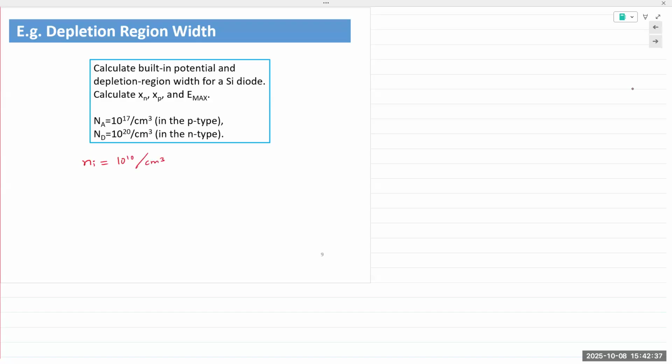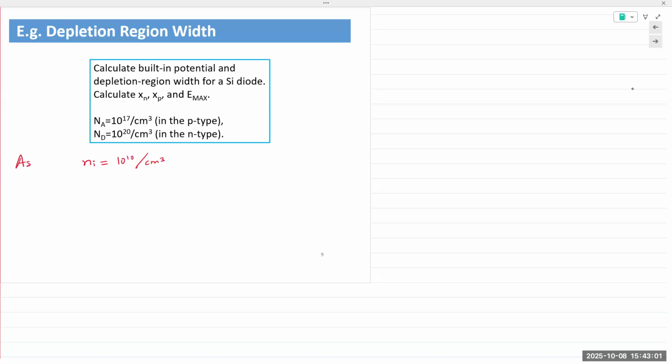Because at this point, intrinsic concentration in every semiconductor is very well characterized. It's a standard equation for intrinsic charge carriers. For a specific temperature, it is very well known. So if it's a silicon semiconductor, we don't even need to calculate. Simply say we assume Ni is 10^10.